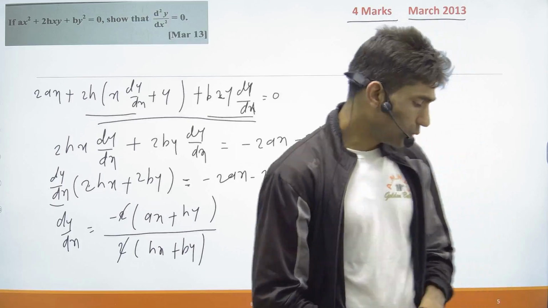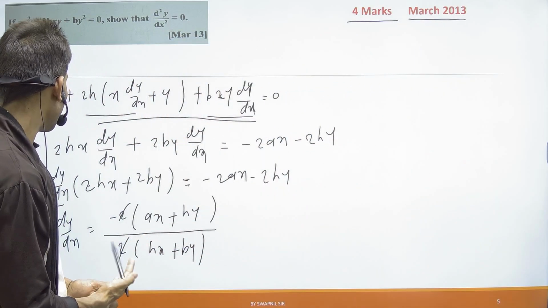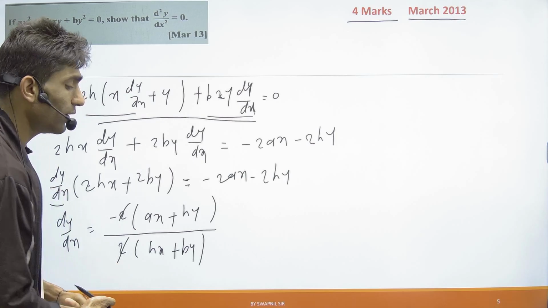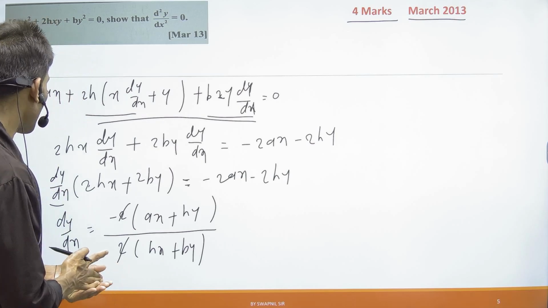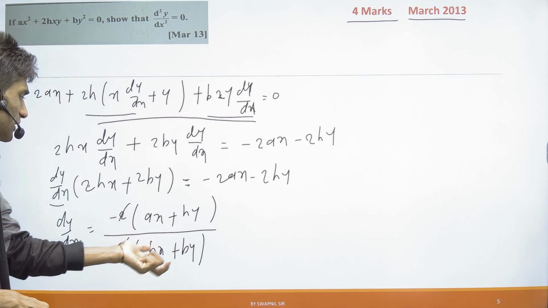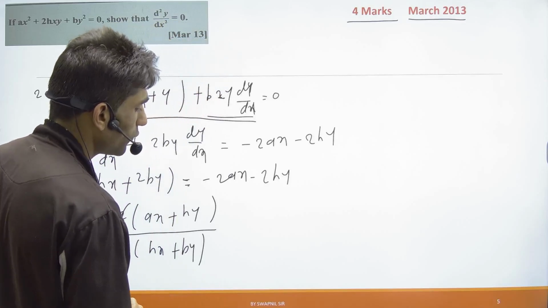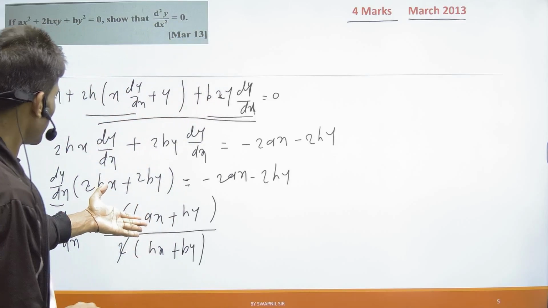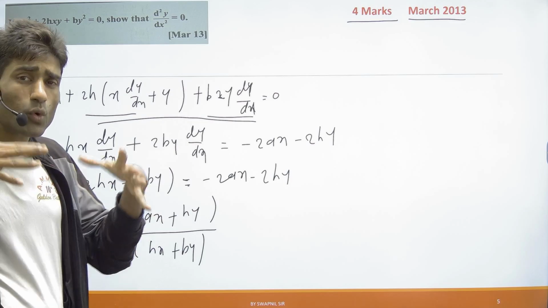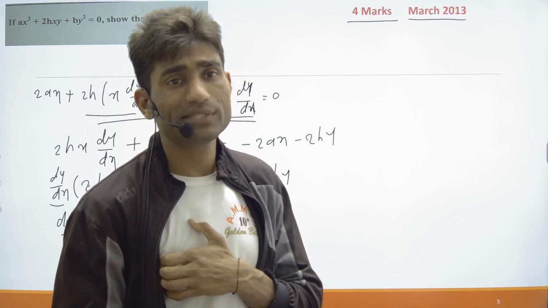So we have dy by dx here. Now after that we want the double differentiation. We have to find one more differentiation for our function, but before we find the differentiation, we have to find the values of ax plus hy and hx plus by here. If you go through direct differentiation as u by v, it will be a more complicated answer, and we do not want such complicated steps in our solution.